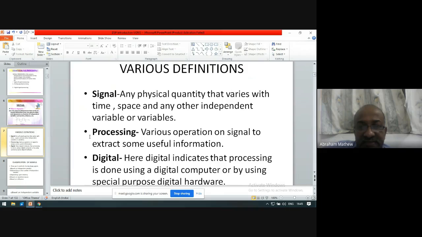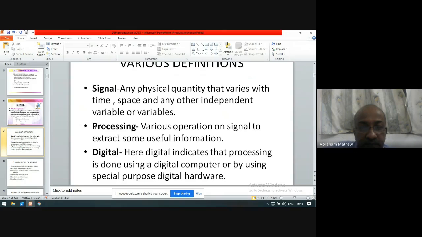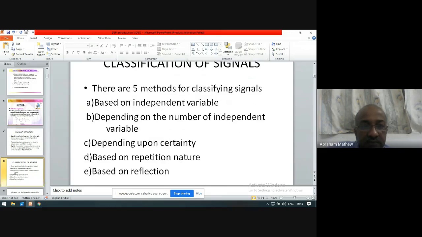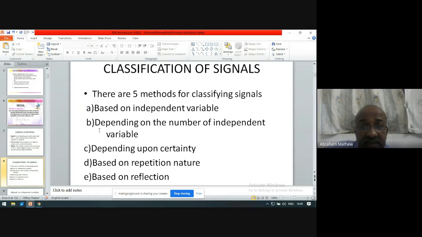The various operations that we can perform to extract some information, we can say as processing. Here we are interested in digital signal processing. So the word digital indicates that the processing is done using digital computer, or even we can process it using special purpose digital hardware.